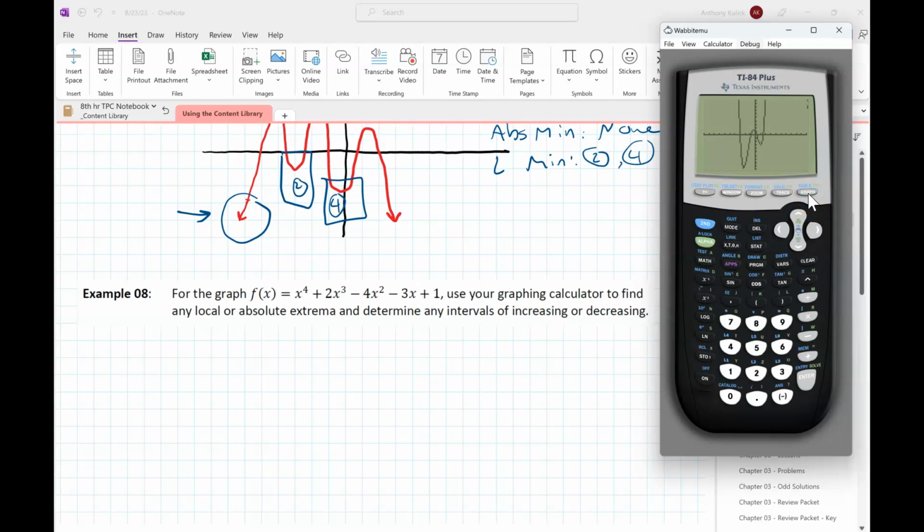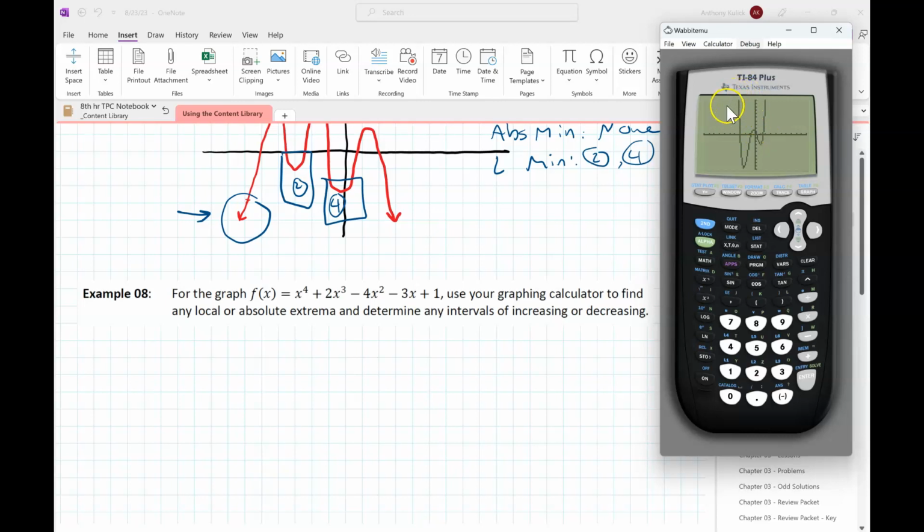Okay, so looking at my picture, what kind of extrema do I see? How many total? 3, great. So this one is a global minimum, or absolute minimum, excellent. This one right here is, well, it's a local, right?